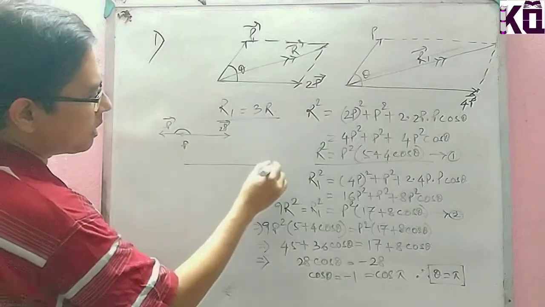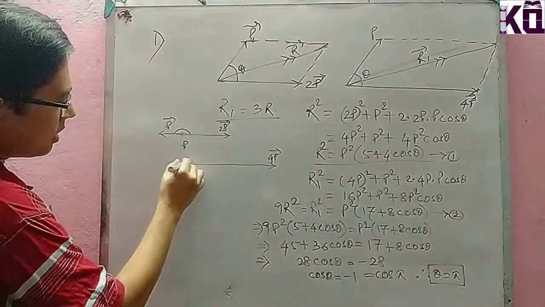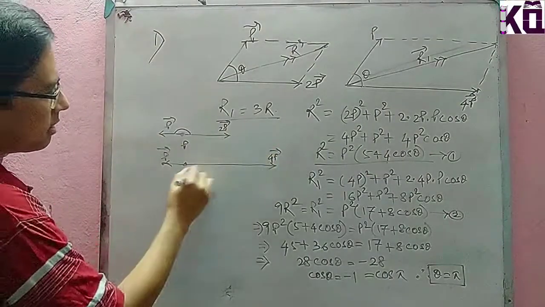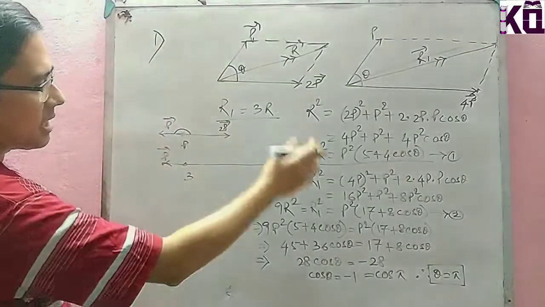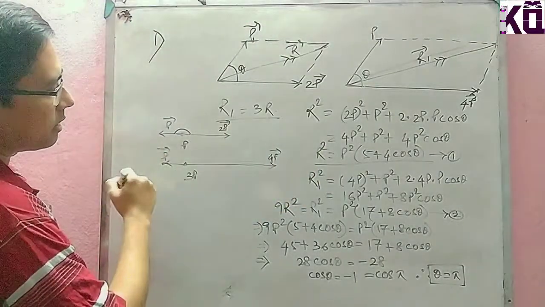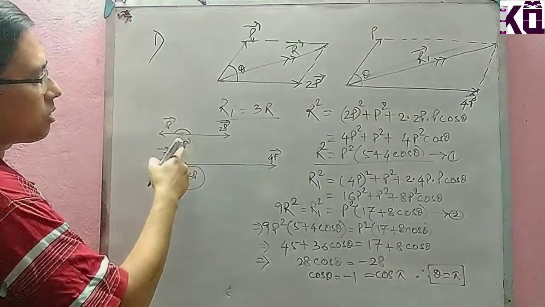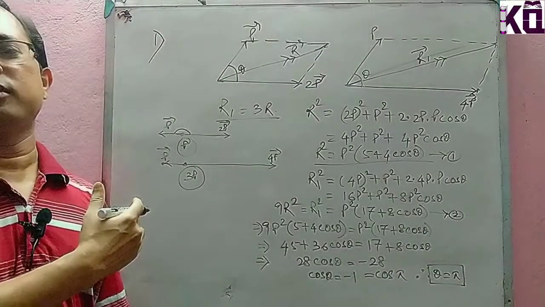Now if this one becomes 4p and this one has no change, this one is p, then what happens? This value becomes 4p minus p as the resultant, and that becomes 3p. So this 3p is 3 times the resultant value p. So that is basically the question.